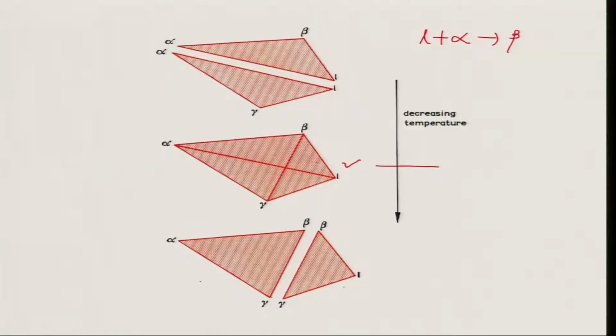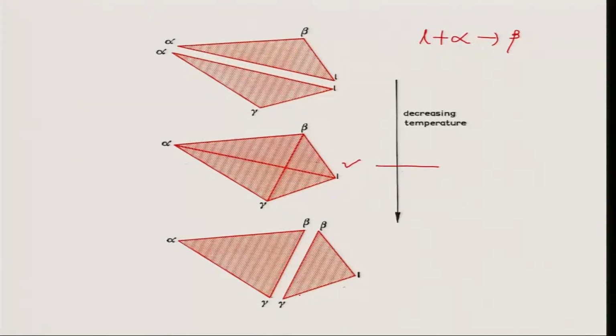I hope it is clear. That is why we have alpha plus beta plus gamma below the ternary invariant reaction plane, and some liquid will remain, which will form some other eutectic phase at lower temperatures. That is the unique thing.